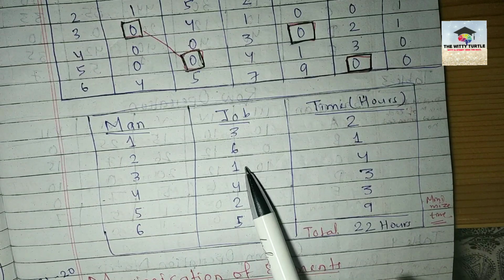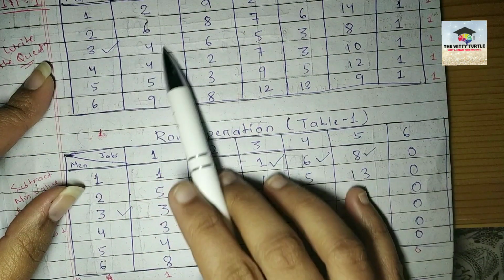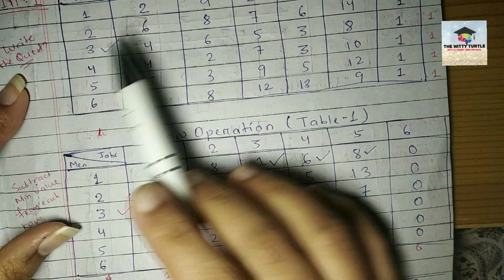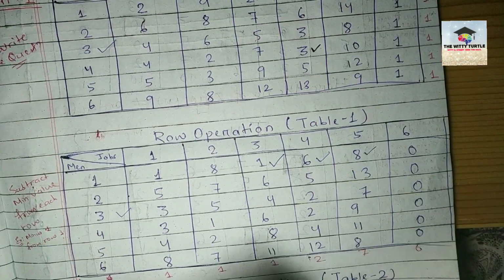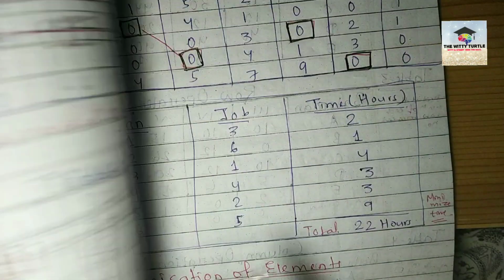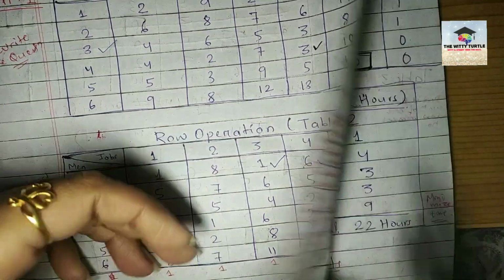The next one is what? 3rd man and 1st job. So he is taking 4 hours. Yes, 4 hours. The next one is fourth man and fourth job. So he's taking 3 hours. 3 hours. The next one is what? Fifth man and second job, that is 3 hours.